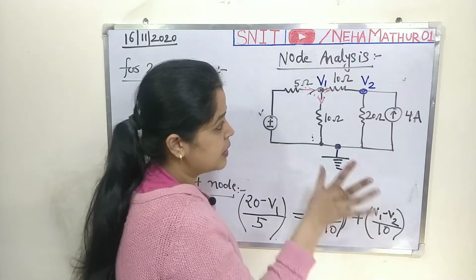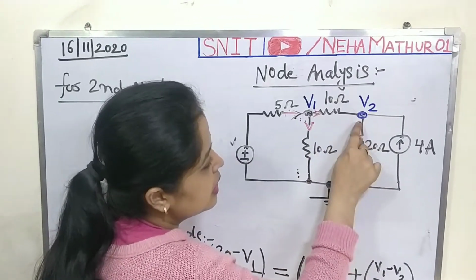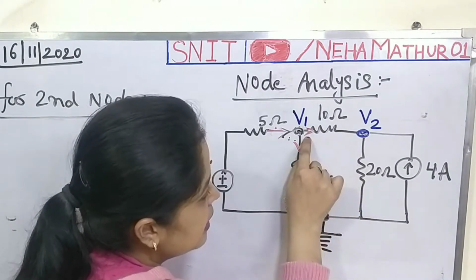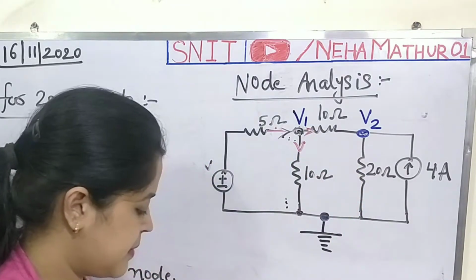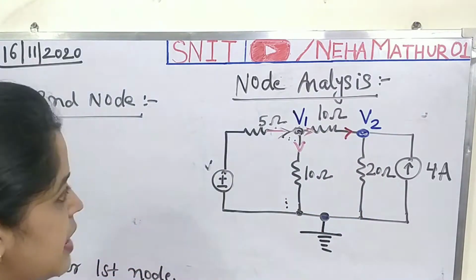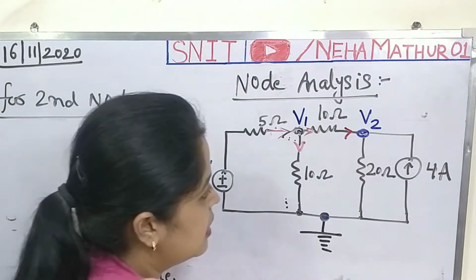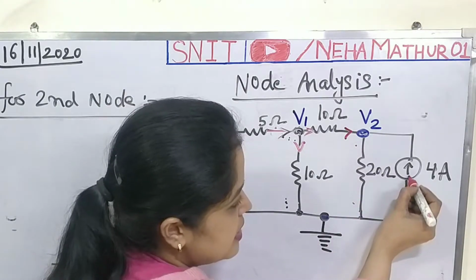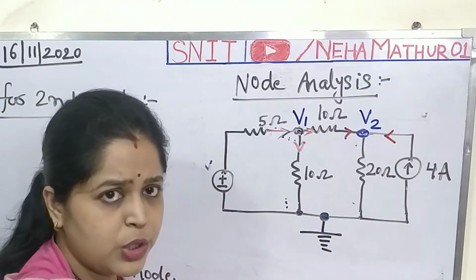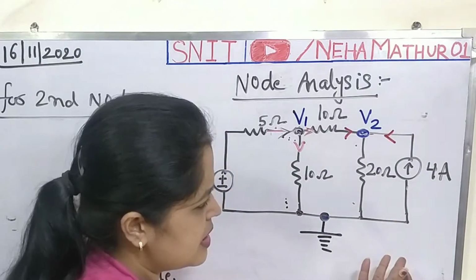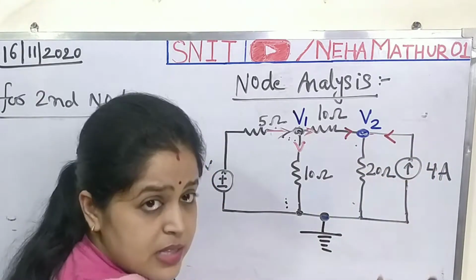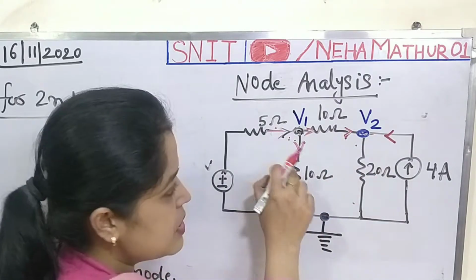Now see, for this point you already mentioned that the current is coming, as per the direction in the previous node. For these two, the current is already coming over here, so no need to change this. The question itself indicates that 4 ampere current is coming toward this. For this you already mentioned in the last step.